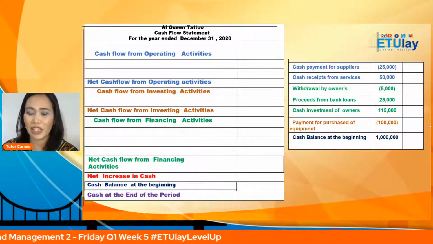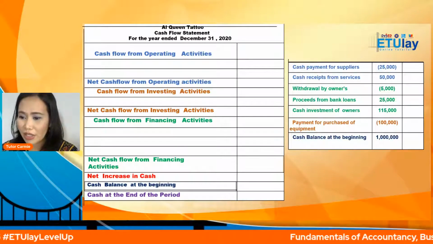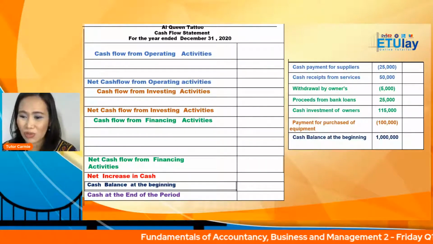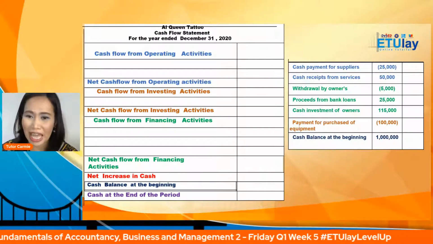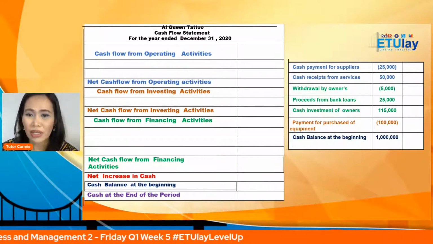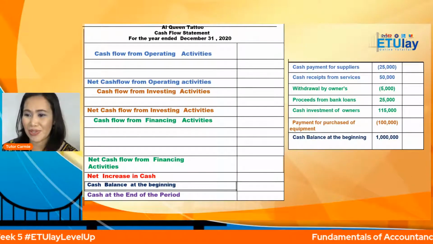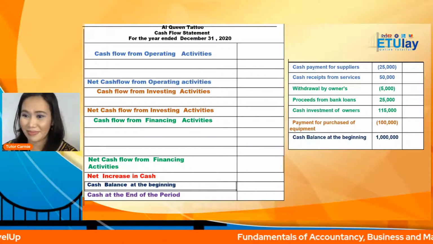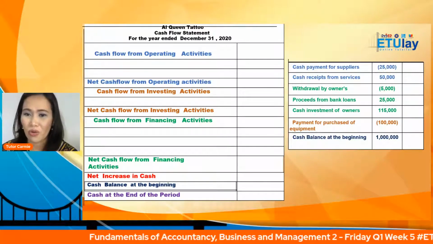Ayan, tignan po natin dito. Check po natin. Sige po. Makisama po kayo sa akin sa pagsagot po ng ating exercises for today. So, ano po muna ang cash payment for suppliers? Let's classify po.